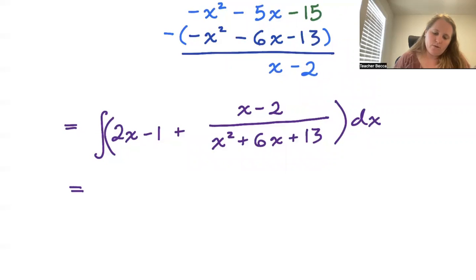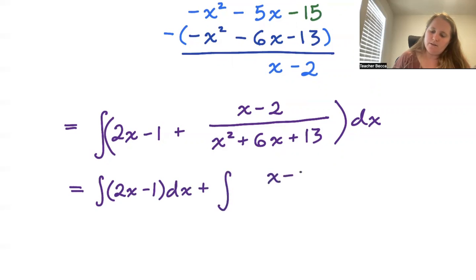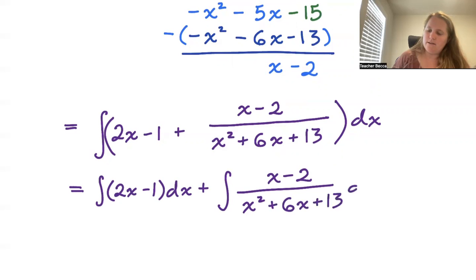We will have an integral of 2x minus 1 dx plus an integral of x minus 2 over x squared plus 6x plus 13 dx.